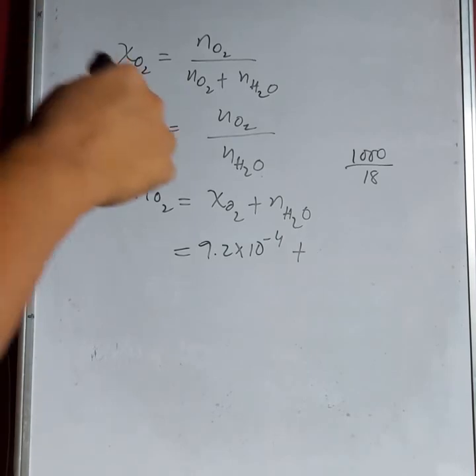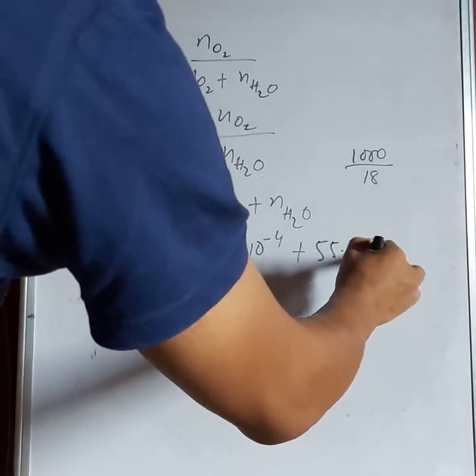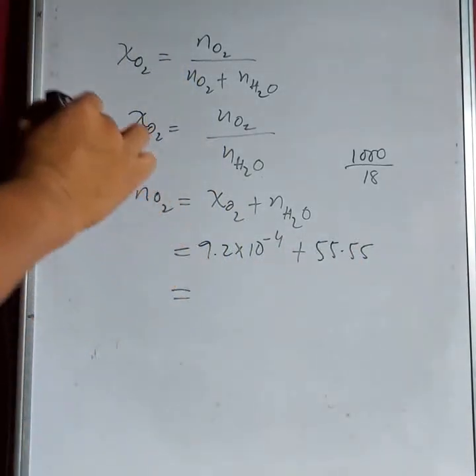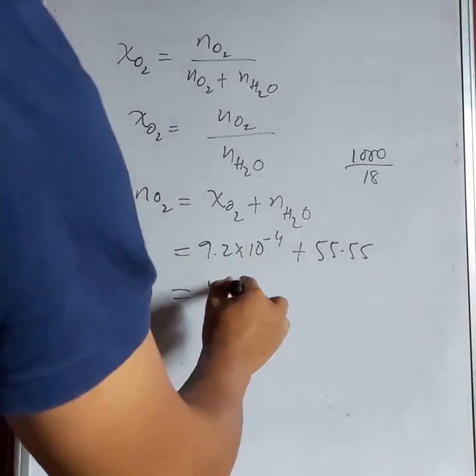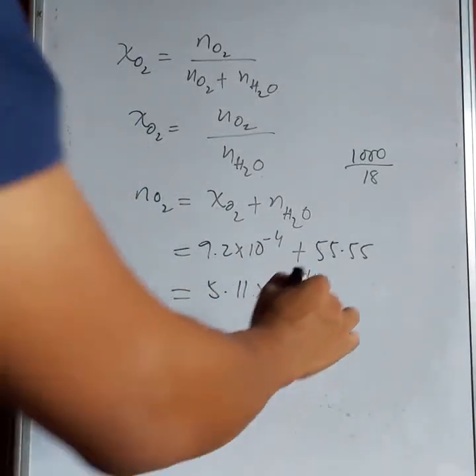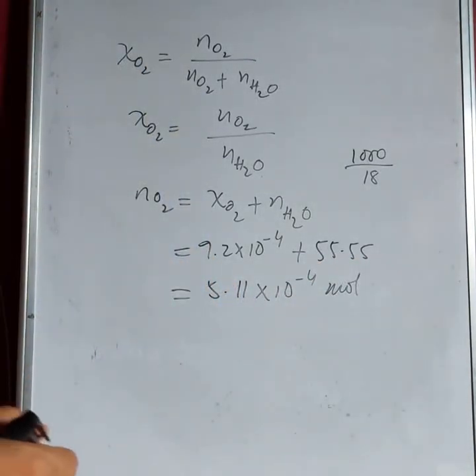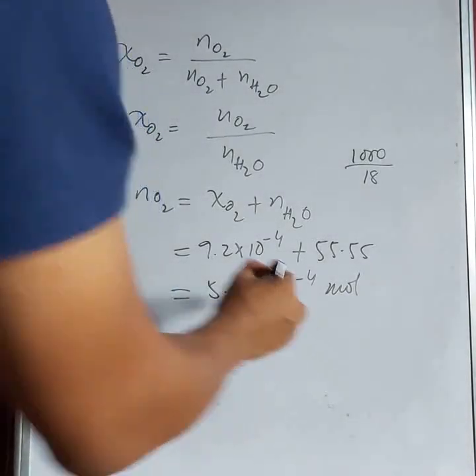That will give us 55.55. So our answer is 5.11 into 10 raised to the power negative 4 moles.